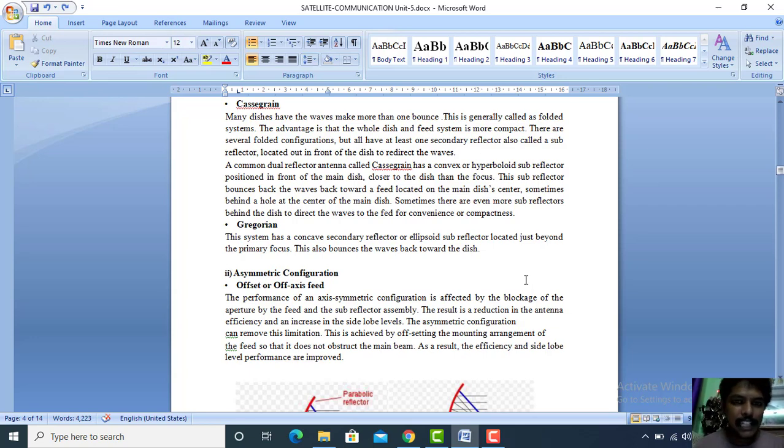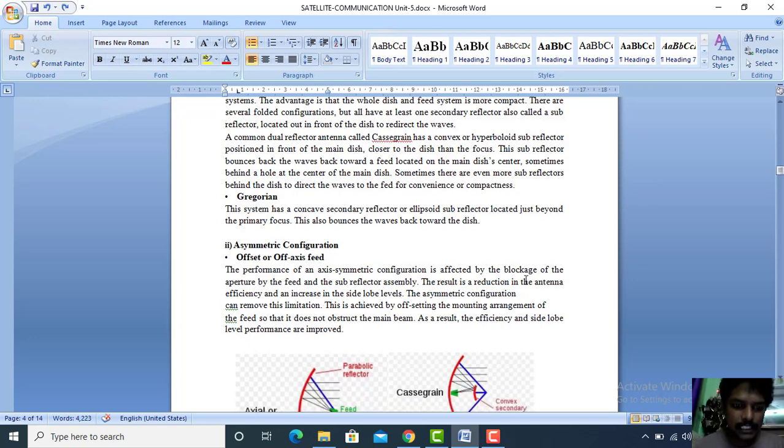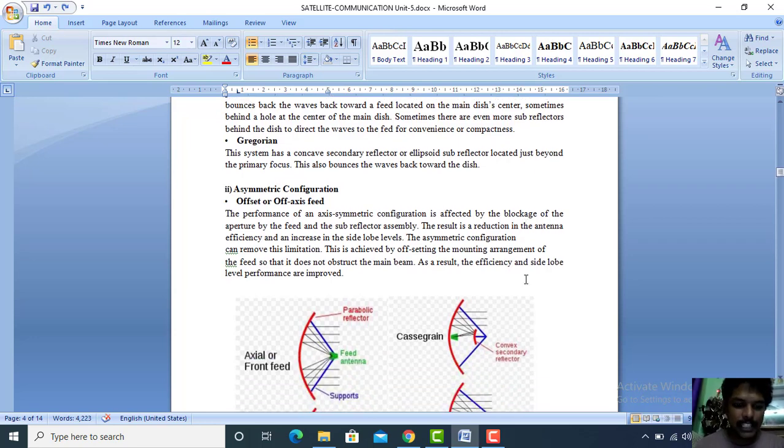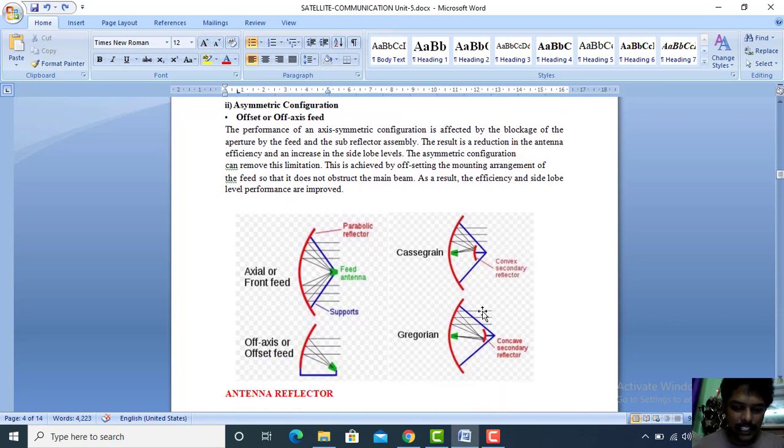That is cascade. So when you go for Gregorian, it is another way where you can have a secondary reflector, which is a concave secondary reflector.